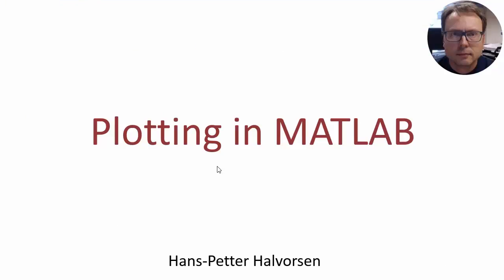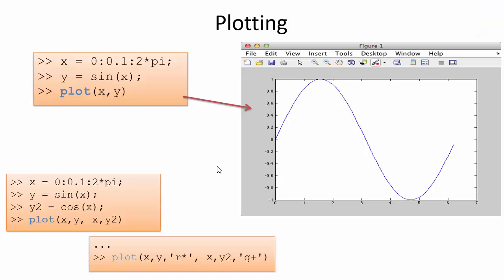As mentioned earlier, MATLAB has also powerful features for plotting. Let's go through this example. Assume we want to plot the sine function from 0 to 2 pi like this, and then we can just define this x vector from 0 to 2 pi, and then we can define the function y equals sine x, and then we can plot it, x comma y.